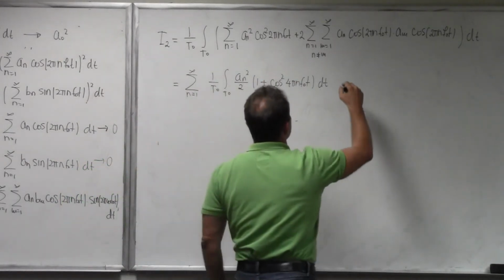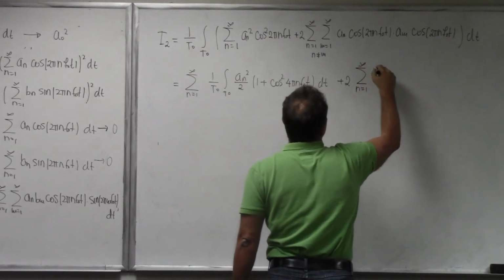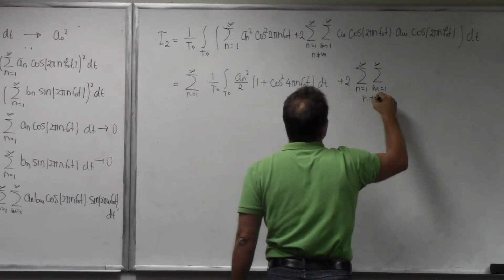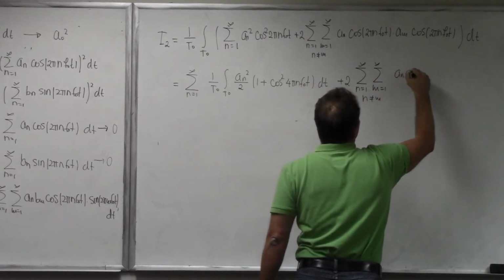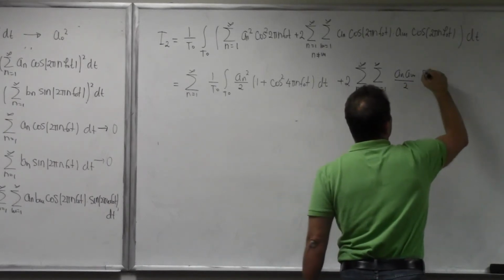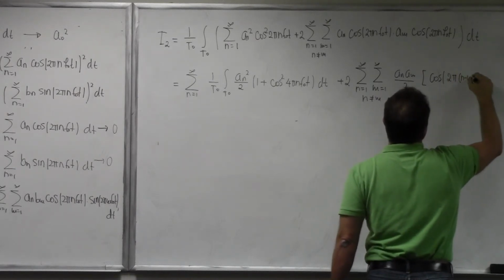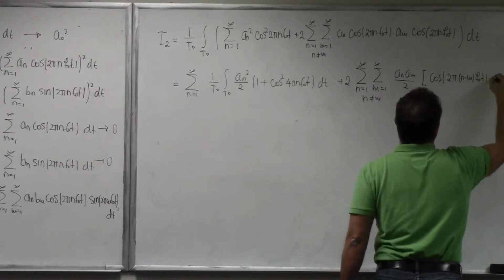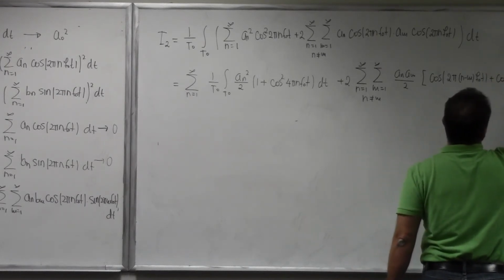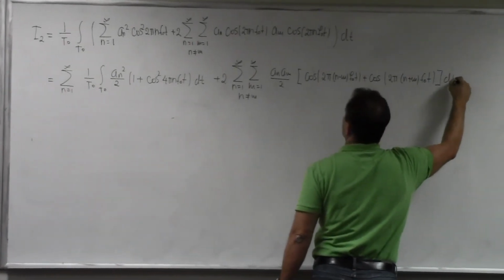The second one here becomes 2 times sum n goes from 1 through infinity, sum m goes from 1 through infinity, n is different than m, an am over 2, multiplying cosine of 2 pi n minus m f0 t plus cosine of 2 pi n plus m f0 t, and then that dt.